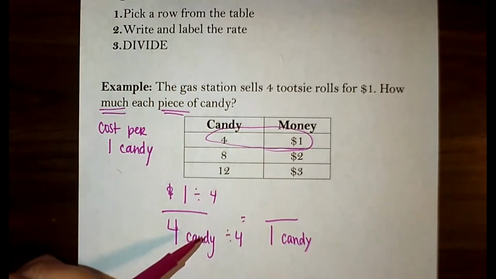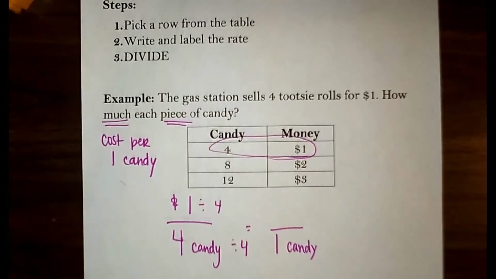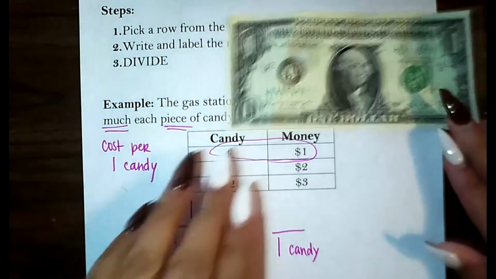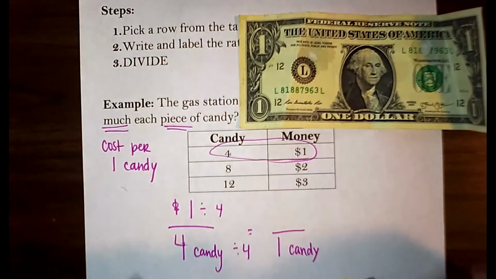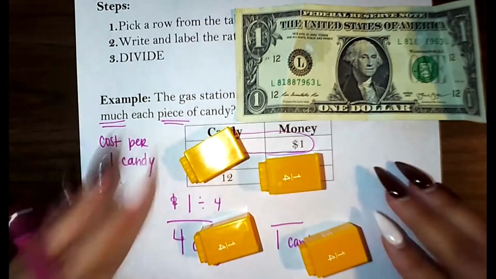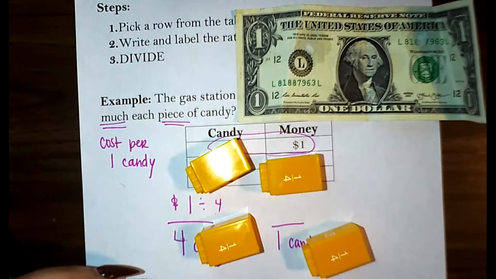That's saying I'm taking one whole piece and dividing it into 4 pieces. Let's look at that. I have this dollar here. And what it's saying is I want to take my $1 and break it into 4 pieces for my candy, and figure out how much each piece of candy costs.